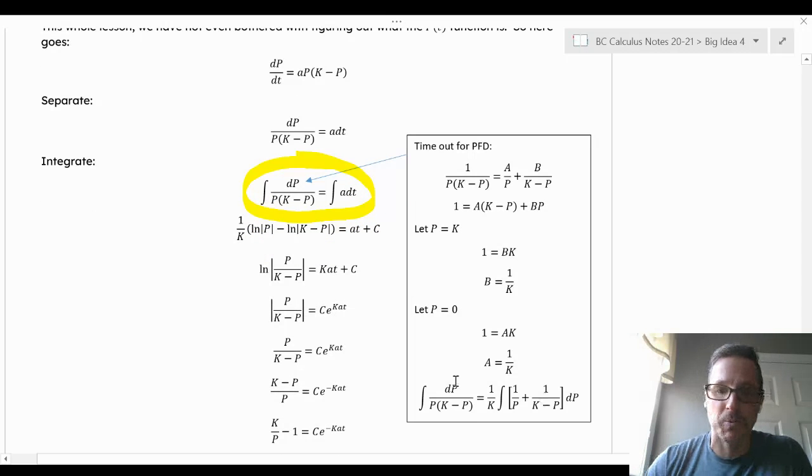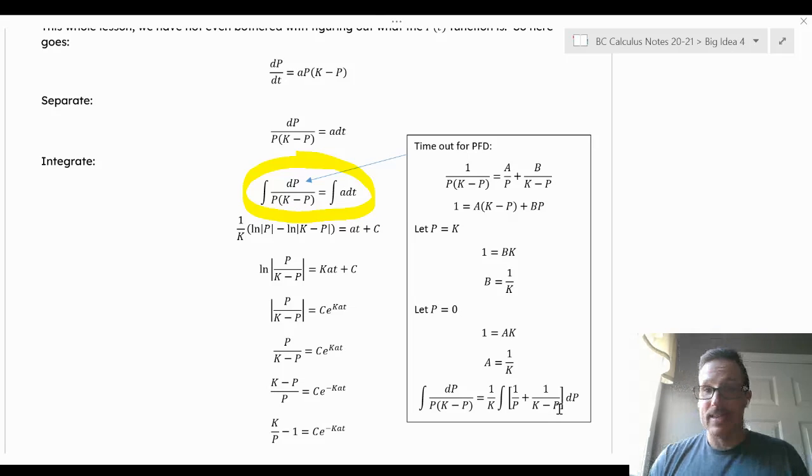So really what we've done is turn the integral dP over P times the quantity K minus P into, factoring out the 1 over K, 1 over P plus 1 over K minus P. The integral of 1 over P is the natural log of the absolute value of P. The antiderivative of 1 over K minus P is, careful, negative natural log of the absolute value of K minus P, because the slope of the denominator is negative 1.